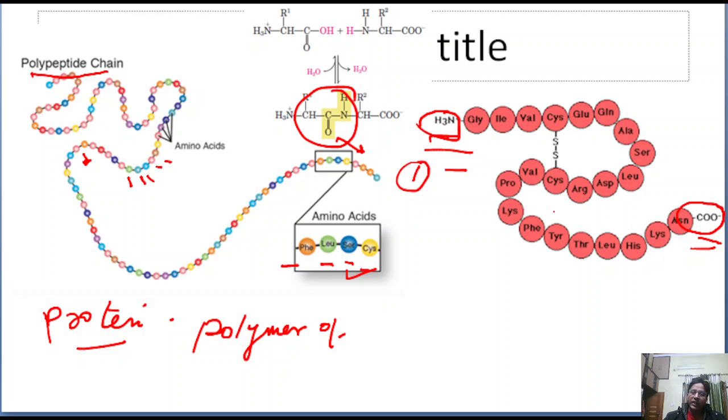Other amino and carboxyl groups are not free, as they are involved in peptide bond formation. We call these the N-terminal, or amino terminal, and the C-terminal, or carboxy terminal.